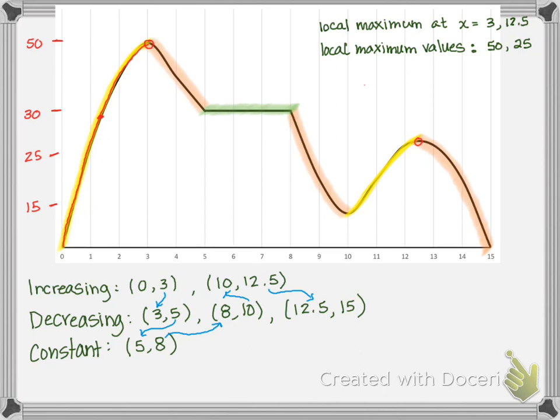One way you can think of it is the x values are where the maximum occurs, and the y values are what the maximum is. So if we're talking about taking a hike, we could say, I got to the top of a mountain at 3 miles along my journey.